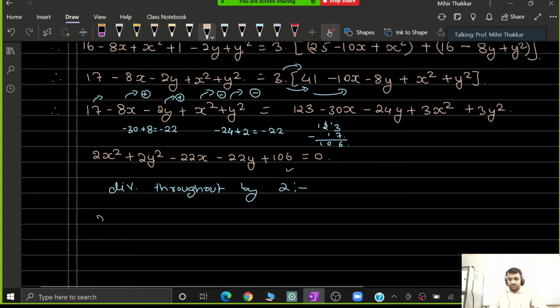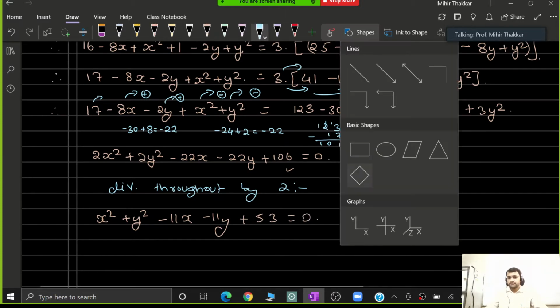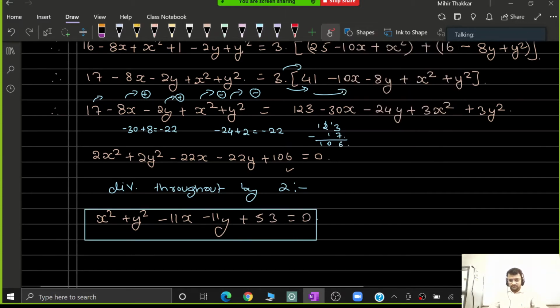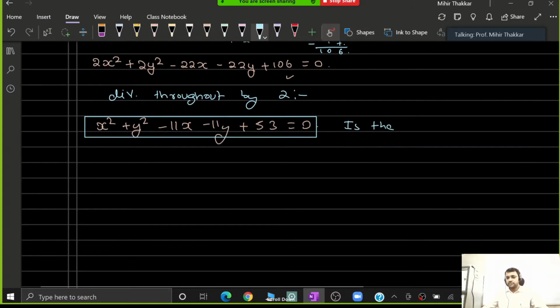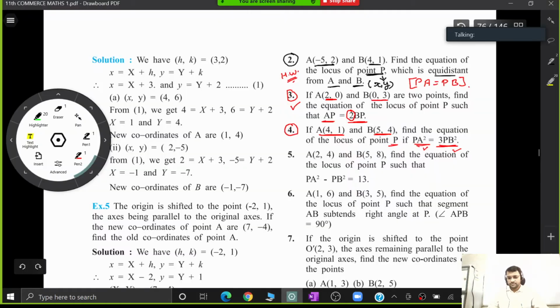This will give me x square plus y square minus 11x minus 11y plus 53 equal to 0. This is the required equation of locus.